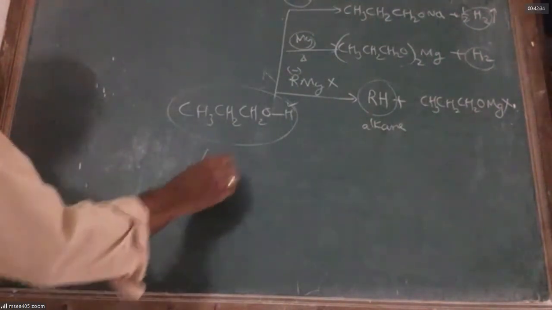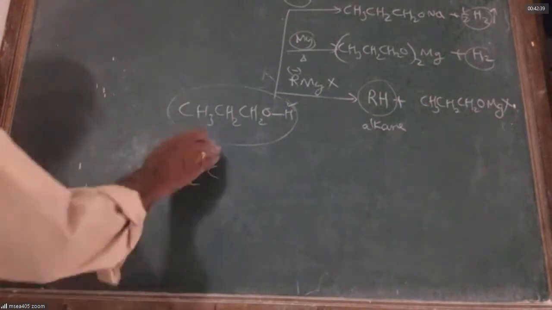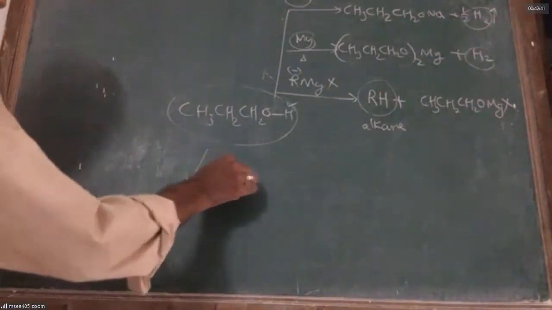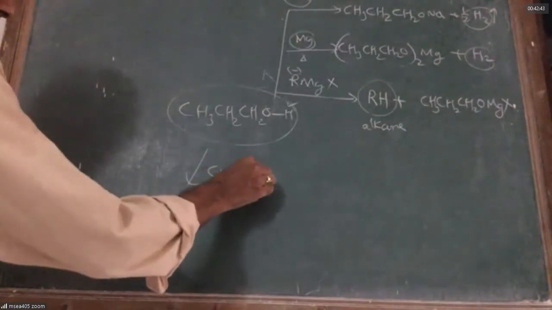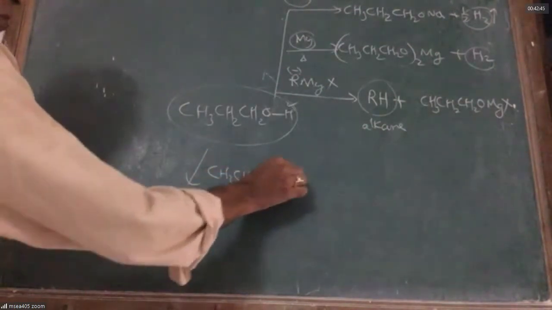This is an IIT question from sometime back. When propanol reacts with ethyl magnesium bromide, what alkane do I get? A, methane, B, ethane, C, propane, D, mixture of all these. What is your answer, sir? Ethane.